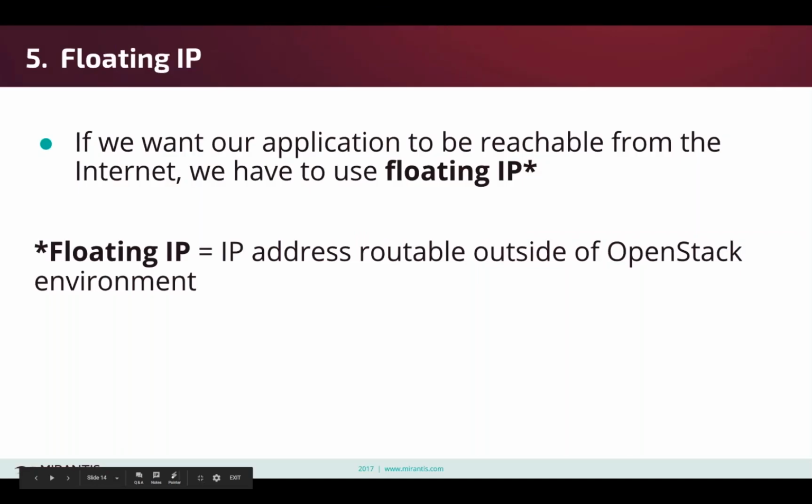So if we want our application to be reachable from the internet, so in this case it's just outside of OpenStack cluster, not the real internet, we have to use floating IP. And floating IP is an IP address which is routable outside of OpenStack environment. So we have to allocate and associate floating IP.